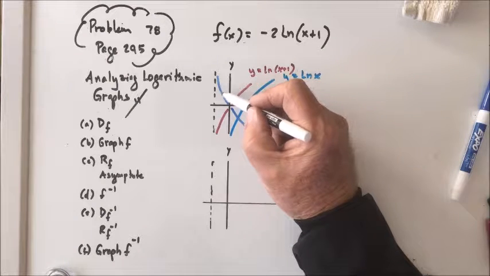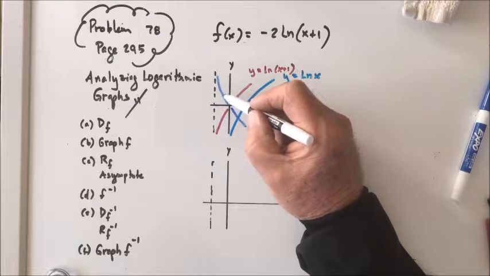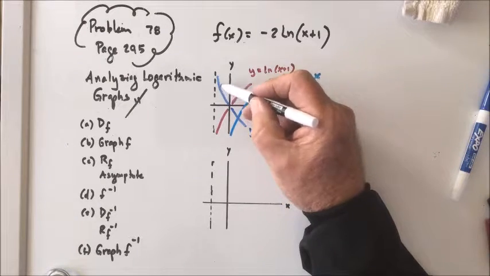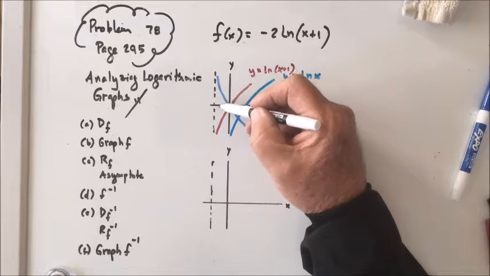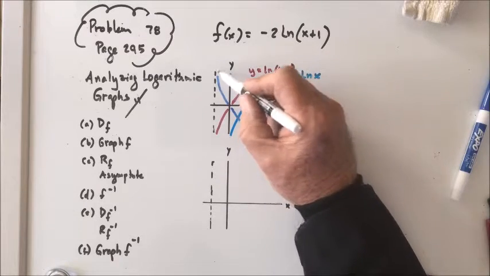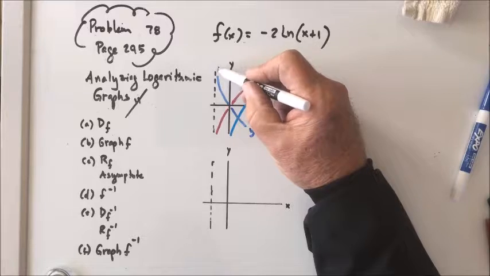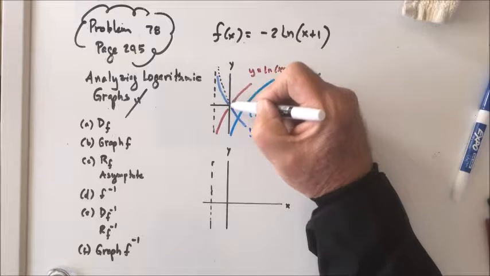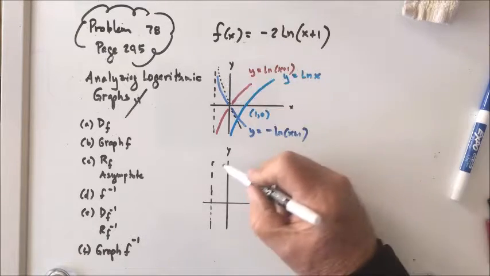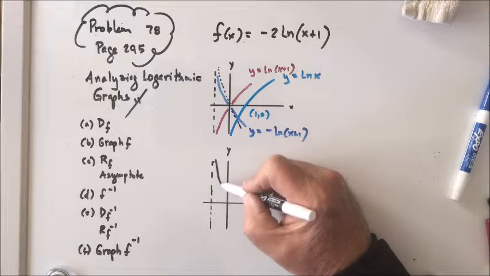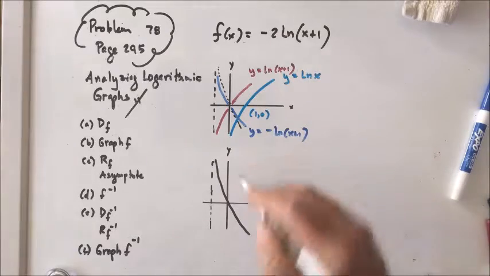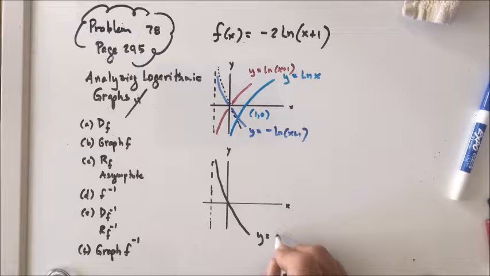I'm going to multiply each one of these values for every given x by a factor of 2. So the graph that I'm going to draw down here is going to come down here, crash through 0, and go like that. And we're going to call that y is equal to minus 2 natural log of x plus 1.